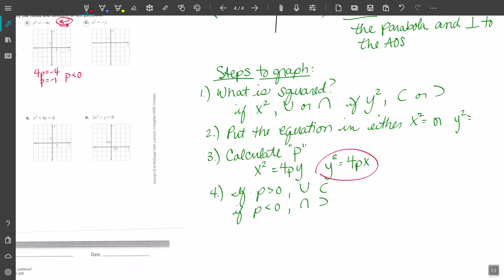And now we're going to make a table. We can see really quickly again that if I plug in 0 for x, I'm going to get 0 for y. So our vertex is at the origin. Then I'm going to do the same thing where I multiply by something that will give me an easy square root.